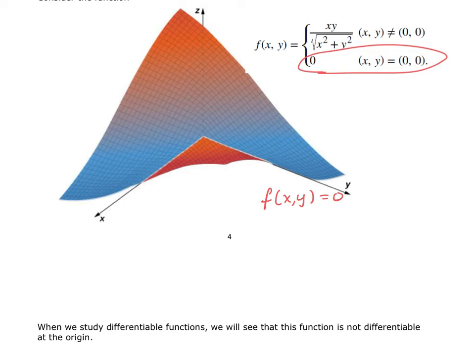So that means my partial derivative with respect to x of x comma 0 would equal the same thing as the partial derivative with respect to y of 0 comma y, and this will be 0 either way. So as either x or y approach 0, these partial derivatives will always be 0.